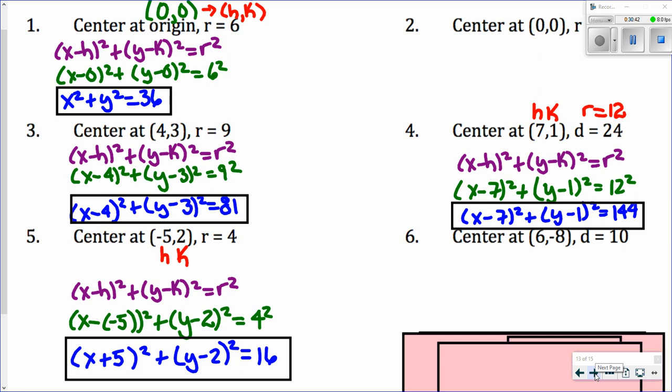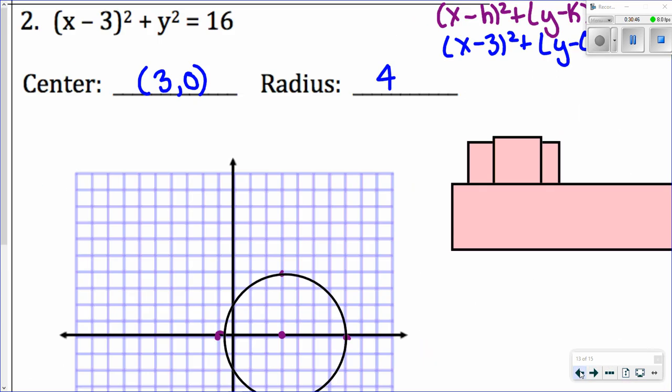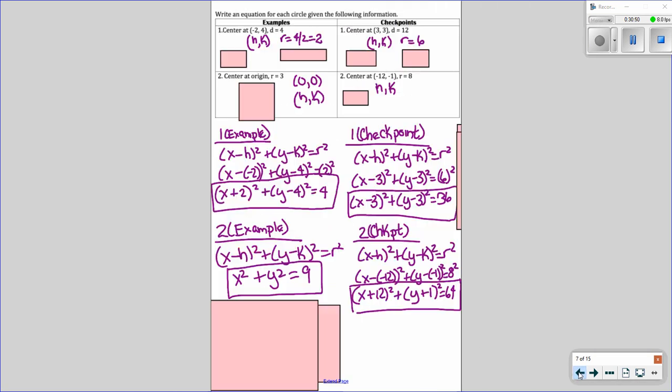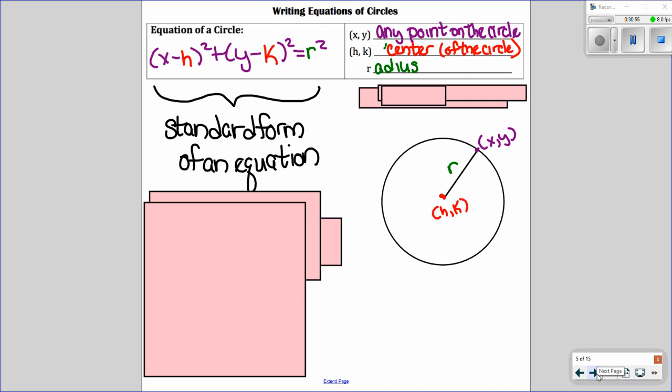Alright, so we're not going to do this one. So I'm going to go back as a recap because we've reached the end of this lesson. So basically we're dealing with writing equations of a circle. This is the equation of a circle. That's the standard form. We have x, y is any point on the circle.